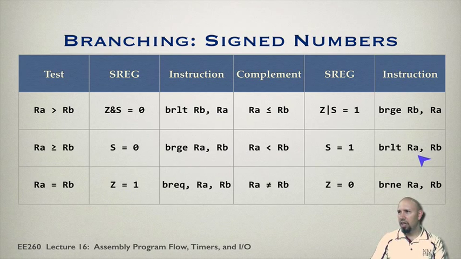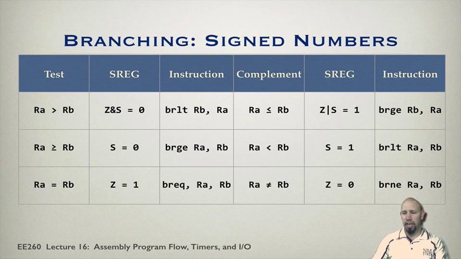Okay, so really these are the commands you use: branch less than or branch greater than or equal, or branch equal, if you want it to test if they're equal. If they're not equal, then you branch not equal. Okay, so this is how the branching works for signed numbers. These are basically all the possible combinations that you would work with.